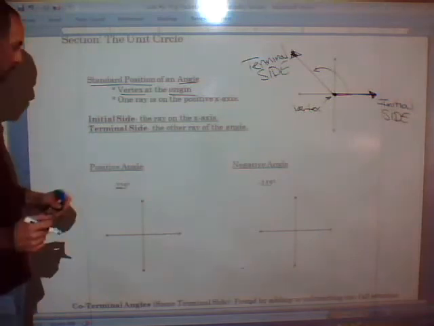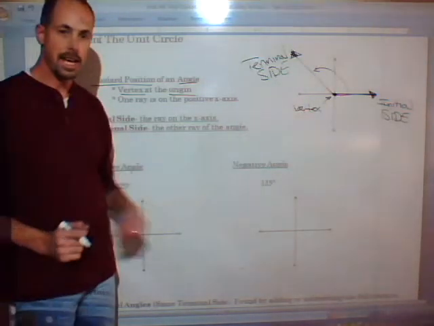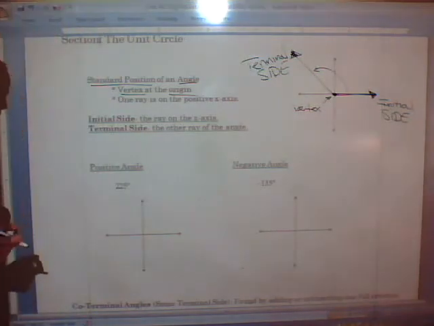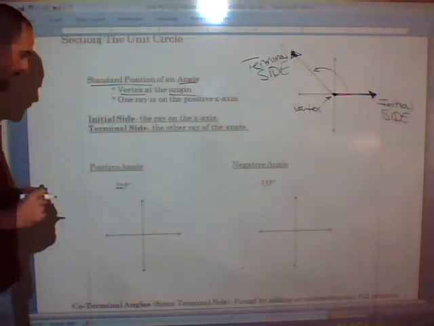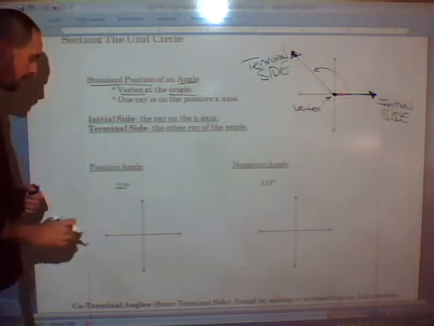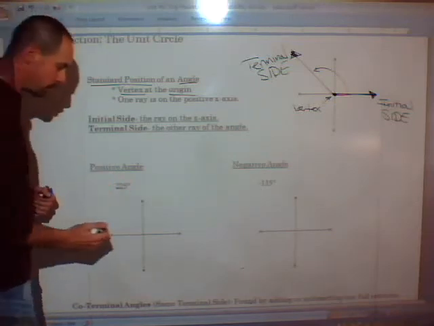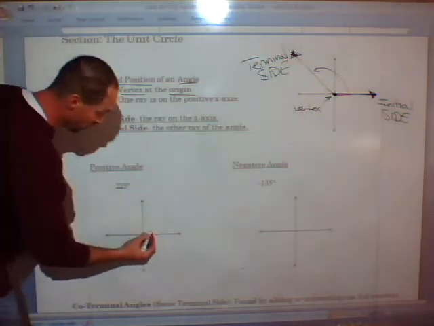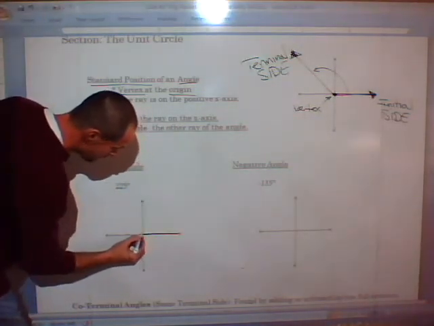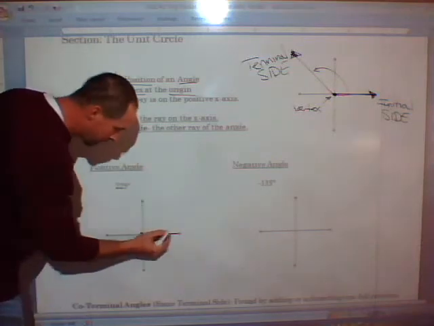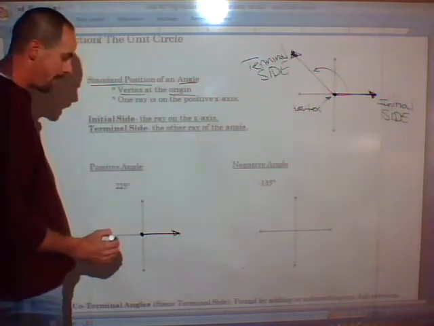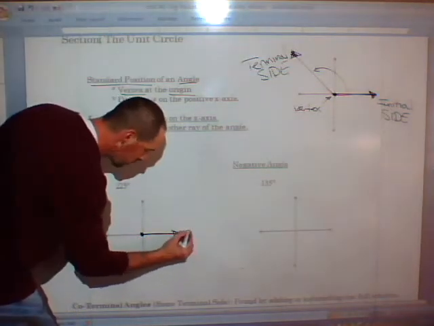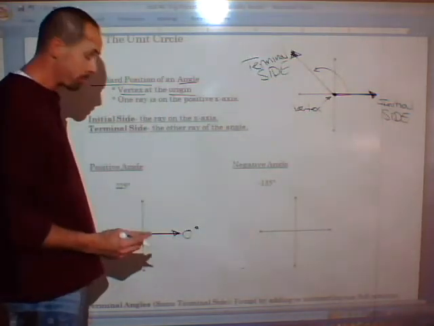We're going to look at graphing two types of angles, positive angles and negative angles. The difference between positive and negative angles is basically the direction in which they head. In order to graph positive angles, you're going to need to know where 0 degrees starts, and that's where your initial side is. Again, our vertex will be at the origin, and our initial side will be the positive x-axis, which represents 0 degrees.